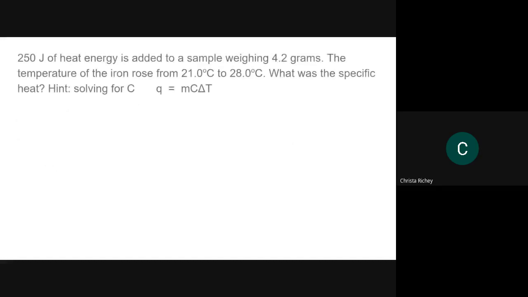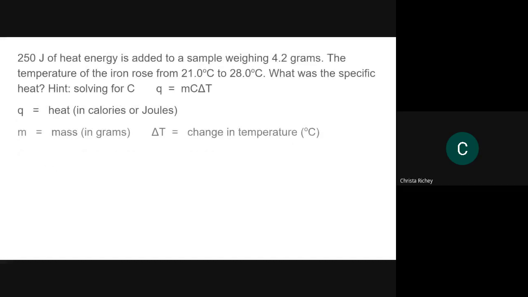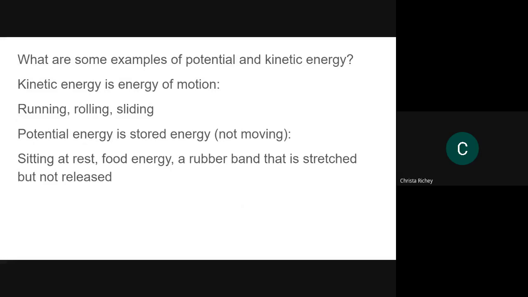The last one I'm going to put up here is the specific heat problem. Kinetic is moving and potential is not moving. But I'll put this up in Canvas if you need to go all the way to the end of the YouTube link. You may have to pause it to be able to get all the stuff down.